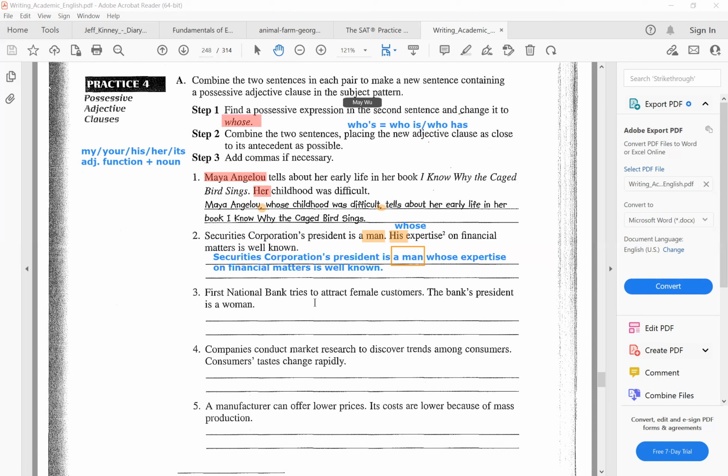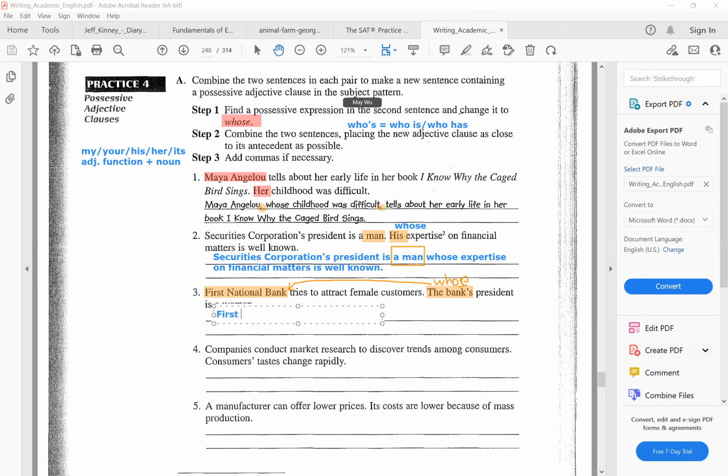First National Bank tries to attract female customers. The bank's president is a woman. So we see that the bank's, obviously that is referring to the First National Bank. So we need to place our adjective clause directly after the bank, which is the antecedent.